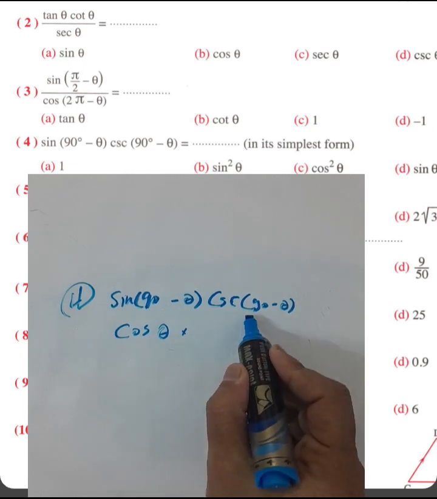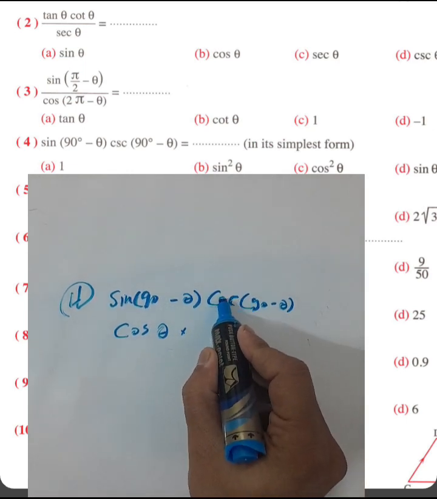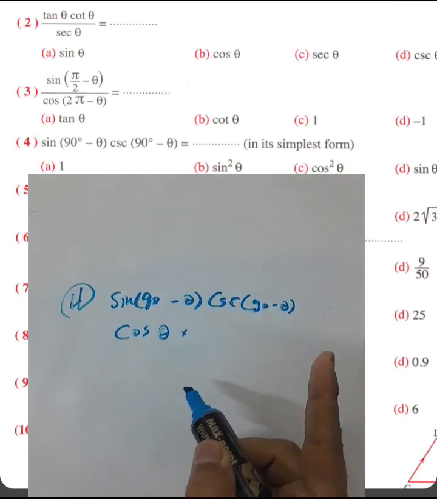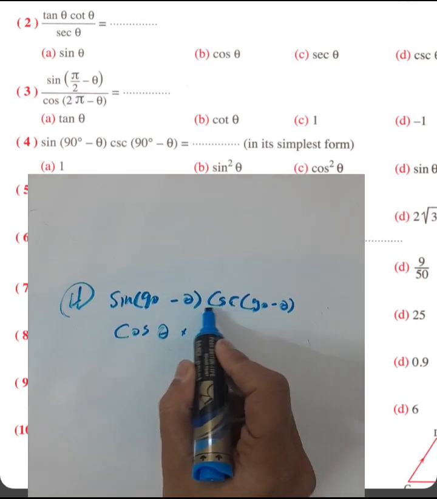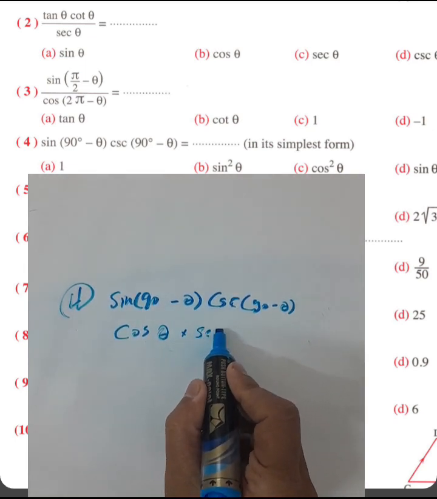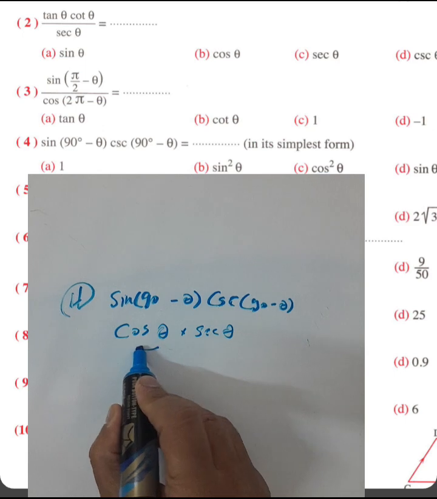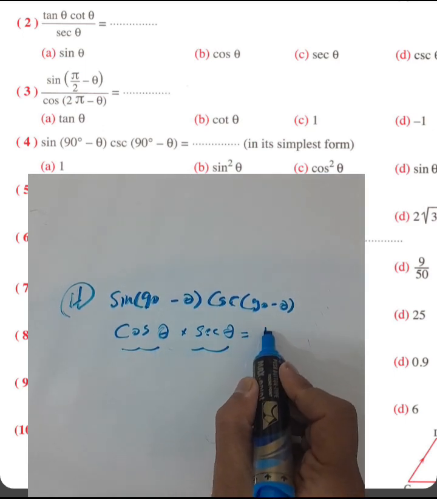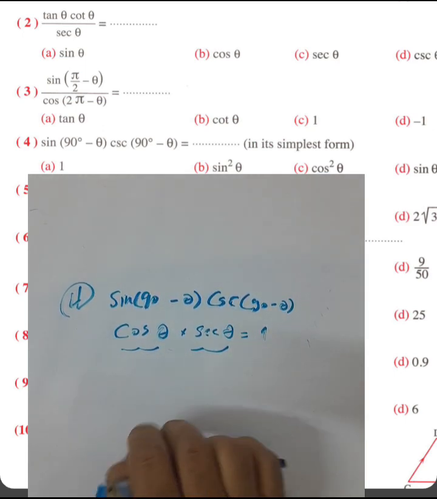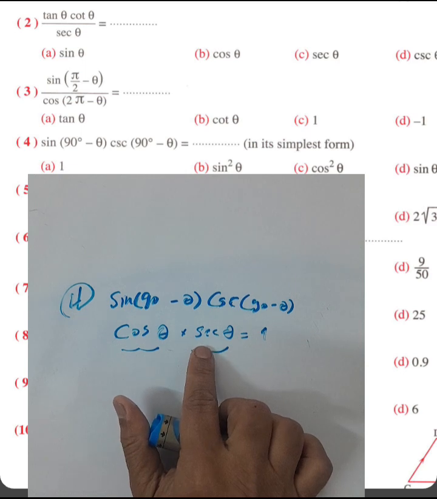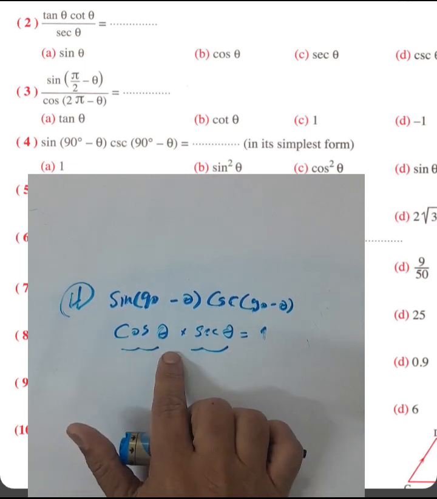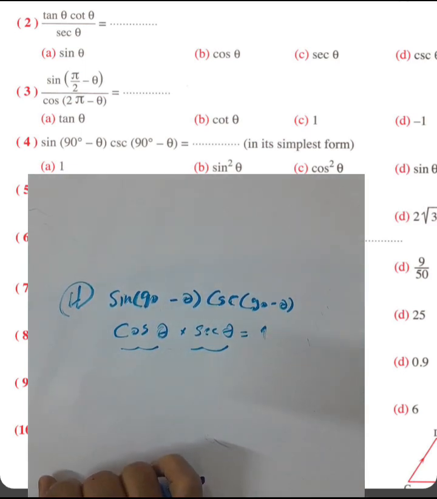Product by cosec of 90 subtract theta, lies in the first quadrant, and we change cosec to sec theta, and cosine product by sec will be 1, because sec is the inverse of cosine theta, times 1 over cosine theta will be 1. Choose letter A for question number 4.